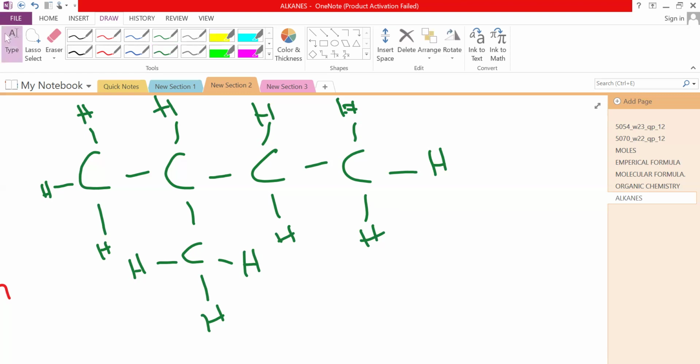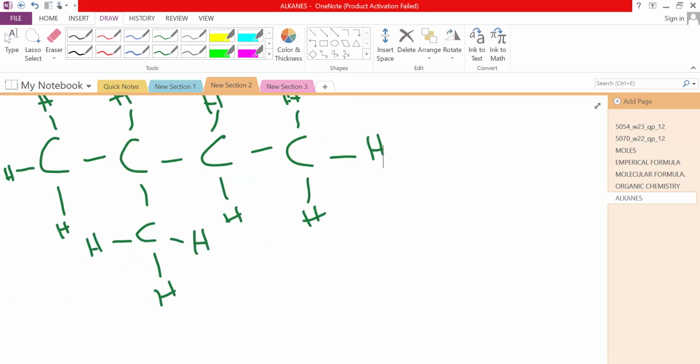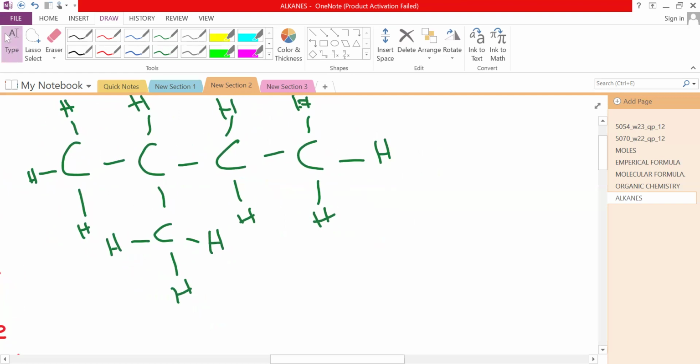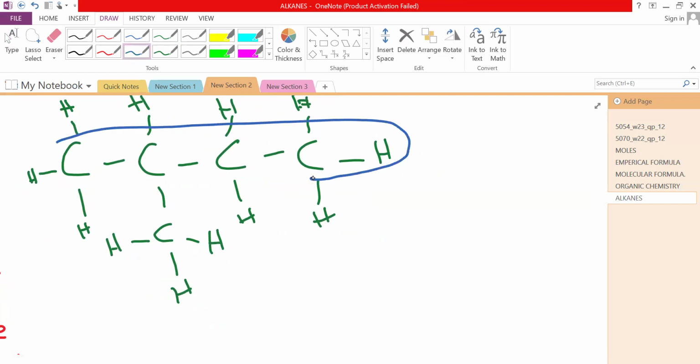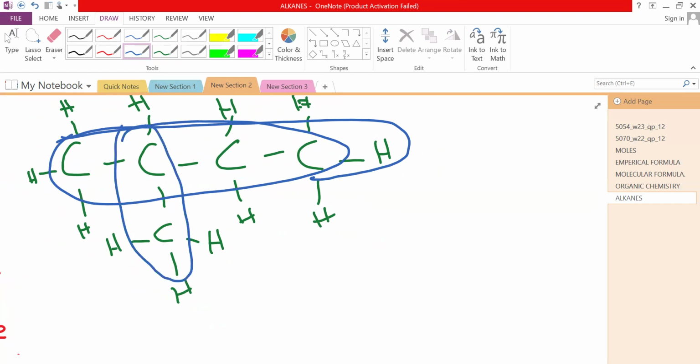So you have to name this structure that I have drawn right now. It contains 4 carbons. It means it is butane, and it has a branch on its second carbon. Now you have to number the chain from where the branch gets the smallest number. Let's number it 1, 2. Here the branch gets the smallest number, which is 2, then 3, then 4.